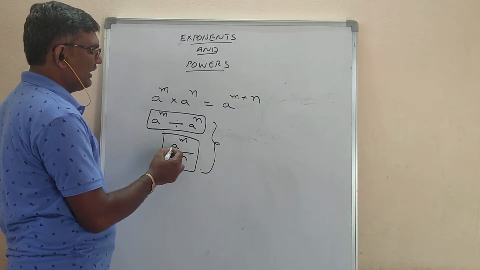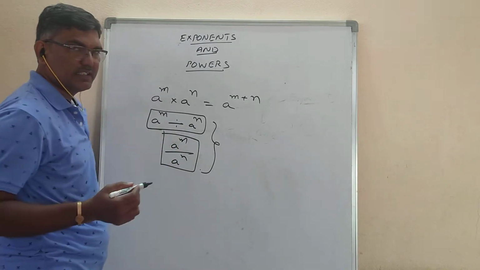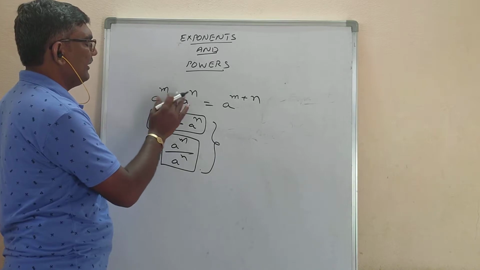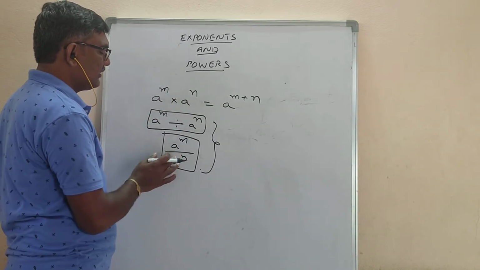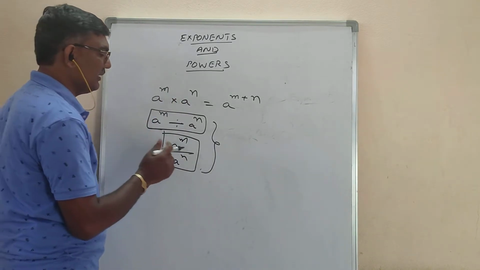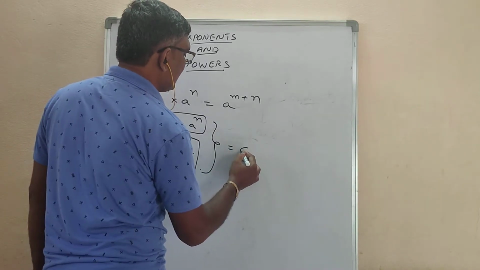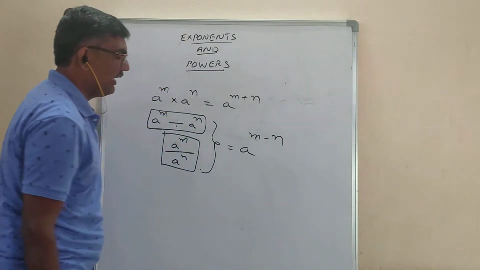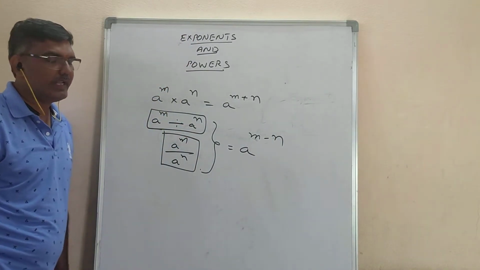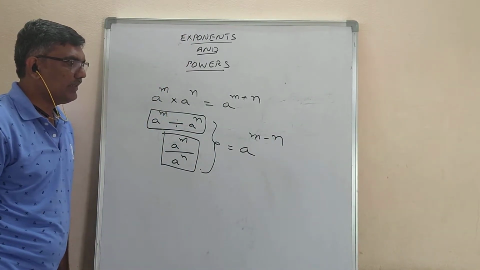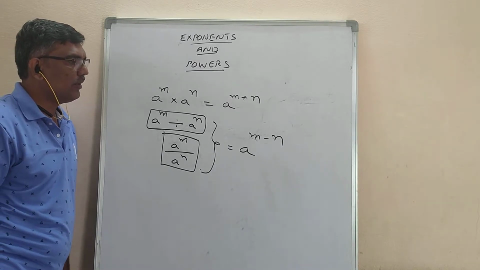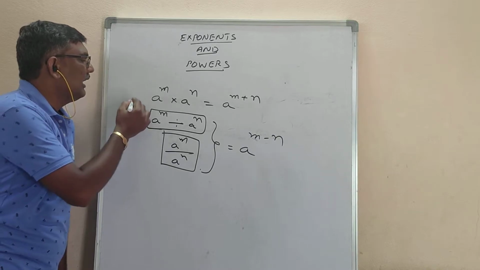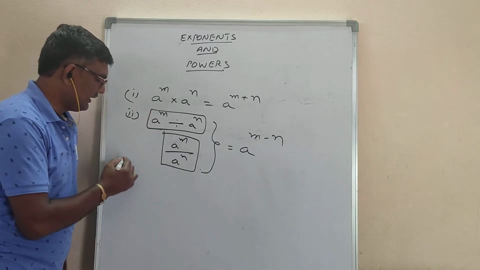In numerator the base is a, in denominator also the base is a. So both are having same base. Then the answer becomes, you write the base only one time and a to the power of m minus n. A power m by a power n is equal to a to the power of m minus n. It is the second identity. First identity.